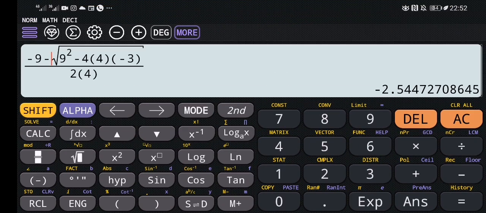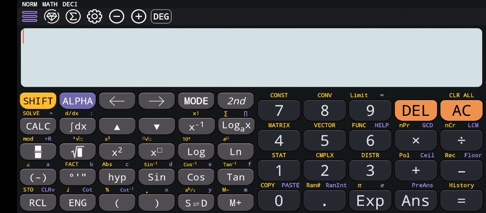Let's go to the calculator. Remember it is -4, so it's going to be -4 squared plus 8 into x, which is -4, plus 16.